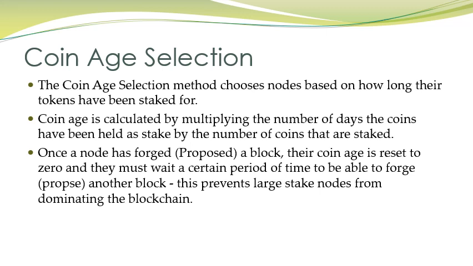Again this value is calculated: the number of days the coins are held multiplied by the number of coins held. That value is called coinage, and if that value is maximum, then the node is selected as a validator. So this is the coinage selection algorithm.